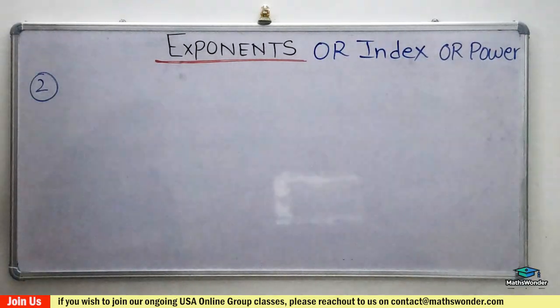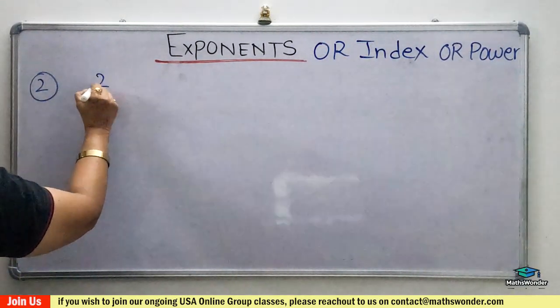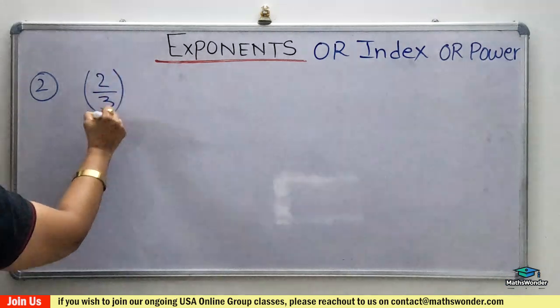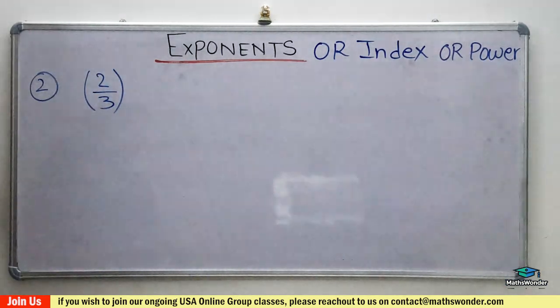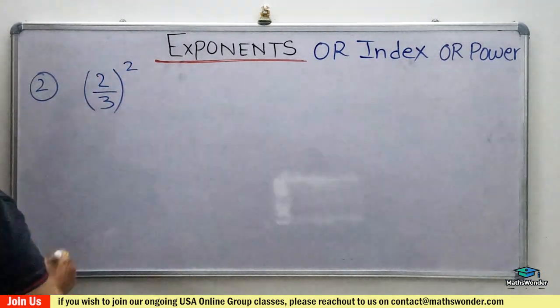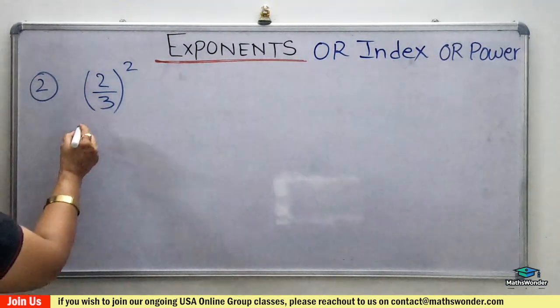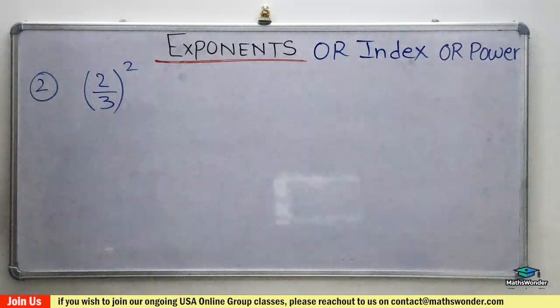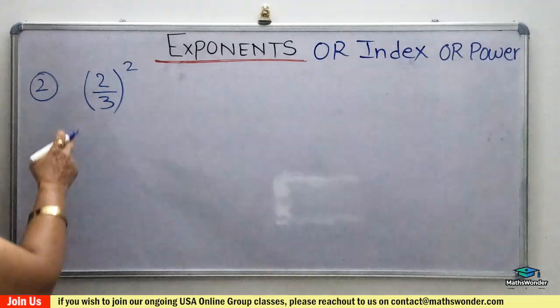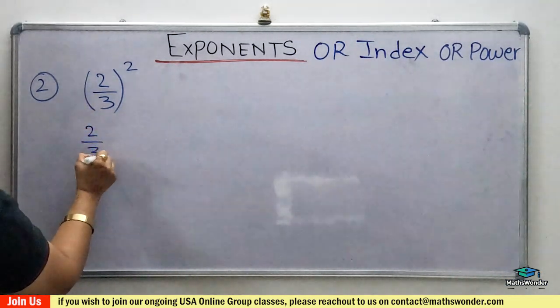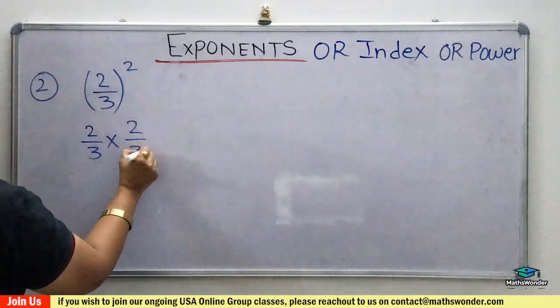Now, the next type of question arises in the fractional form: 2 over 3 raised to the power 2. How will you solve this? 2 over 3 you will write 2 times, because the exponent is 2.